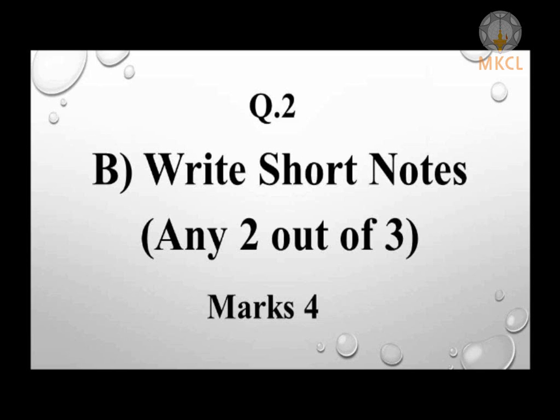Point number 4, these hills form a major water divide between the drainage of the Arabian Sea and the Bay of Bengal. They also separate the North Indian plain into the Ganga plain in the east and the Satluj plain in the west. So this way you can write these 4 points of the Aravalli Hills.